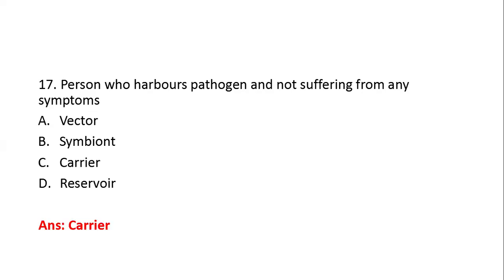Here the right answer is option C, carrier. A vector is an arthropod, such as mosquitoes, houseflies, sandflies. All these come under vectors. A reservoir is one which harbors a pathogen. Symbiosis, or symbiont, is a mutual relationship between two organisms.